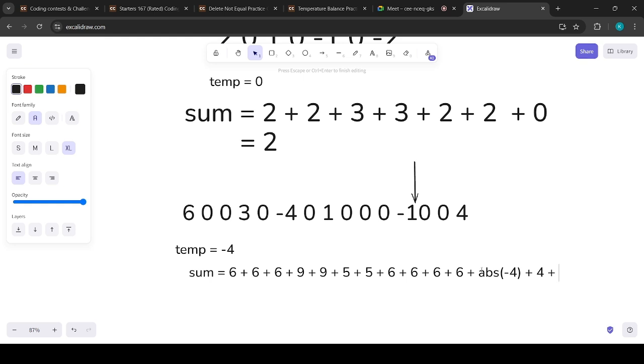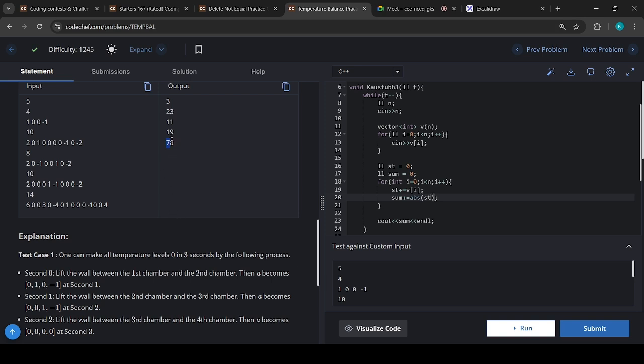So at -10, it will become absolute of -4, which is 4. Also, after that, it will remain 4. And at 4, the -4 will become 0. So if we take the addition of all these, it will give us 78.